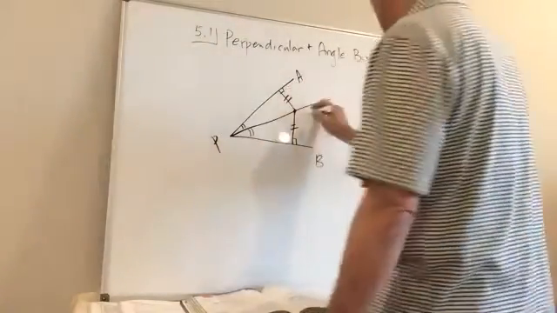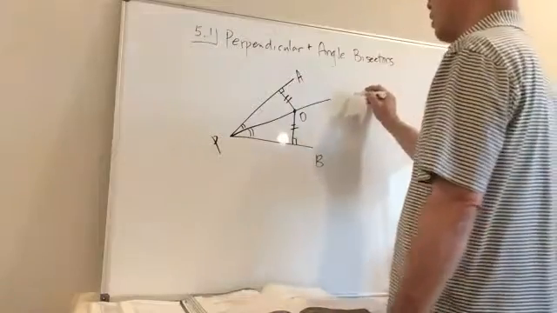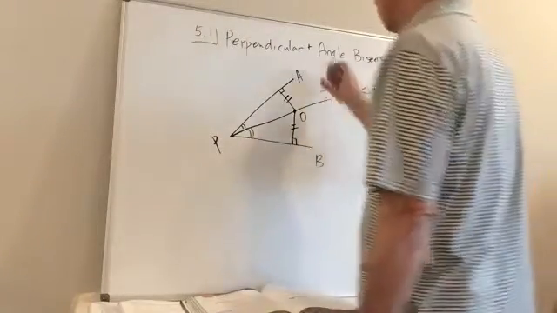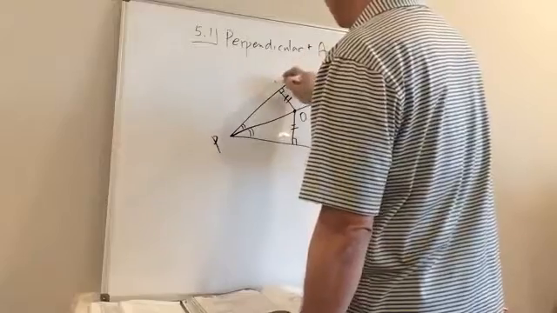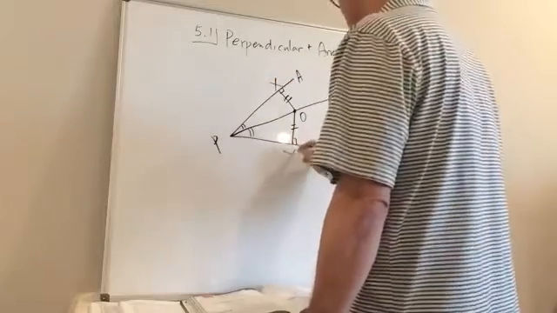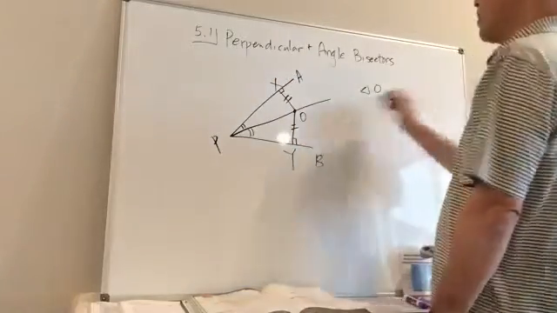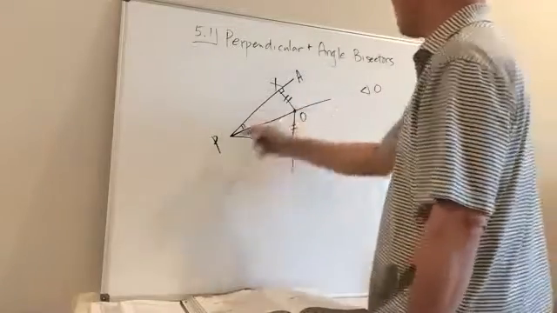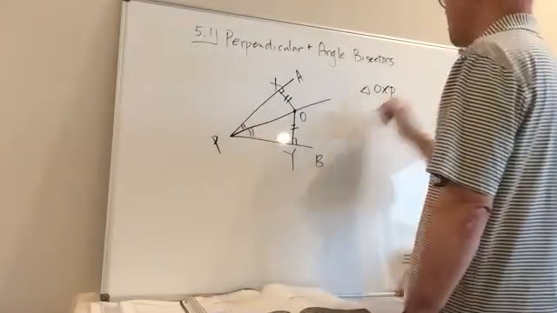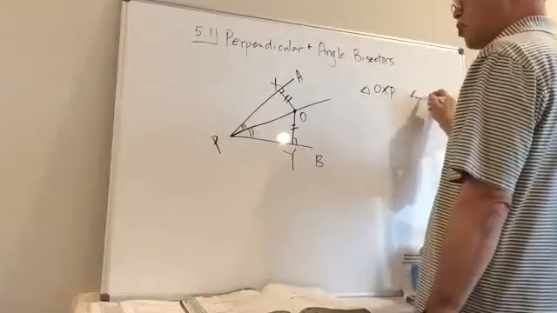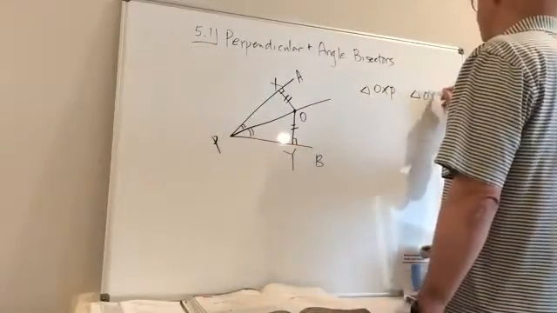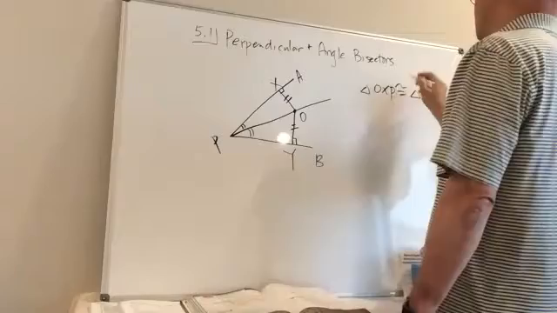If you call this O, and we'll call these X and Y, then triangle OXP and triangle OYP are going to be congruent, okay?